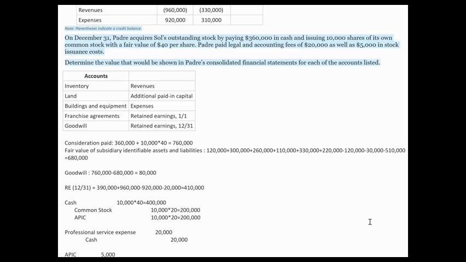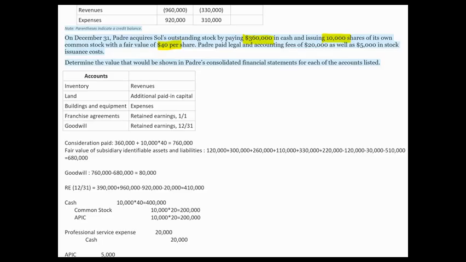In order for the parent to acquire the subsidiary's outstanding stock, they paid $360,000 in cash, so this is part of the payment, and also they issued 10,000 shares of its own stock with a fair value of $40 per share. So in total, that's the total consideration transferred from the parent company to the subsidiary company.